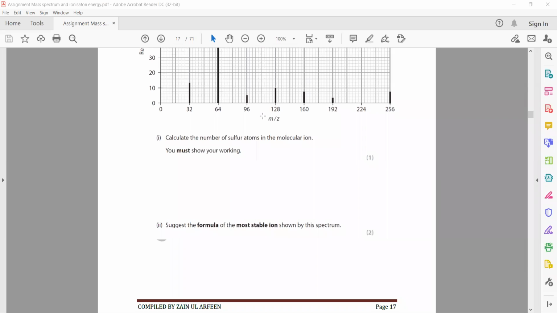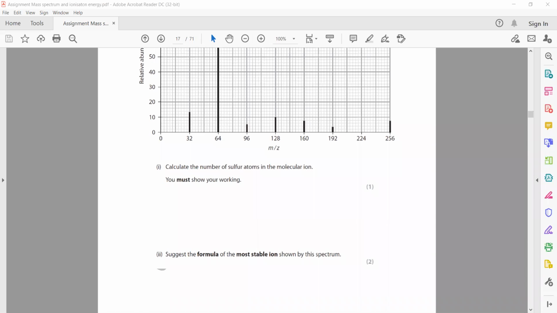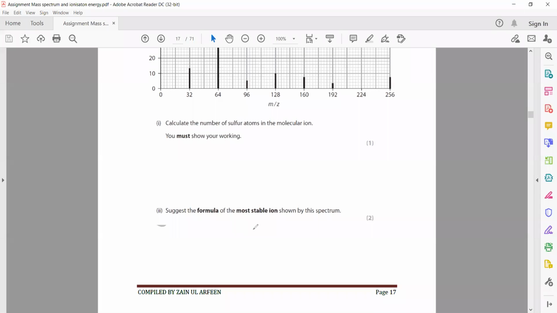Suggest a formula for the most stable ion. So the most stable one is S2 because we have 64.